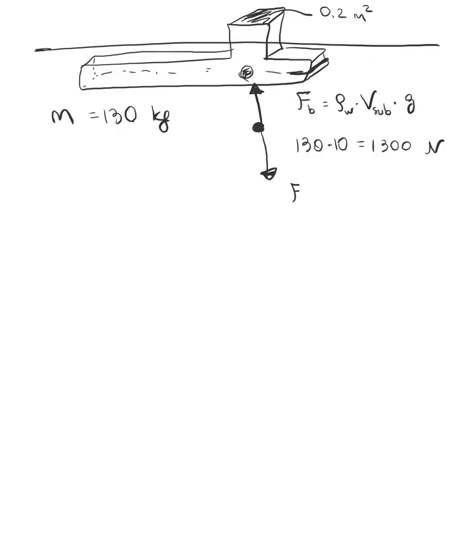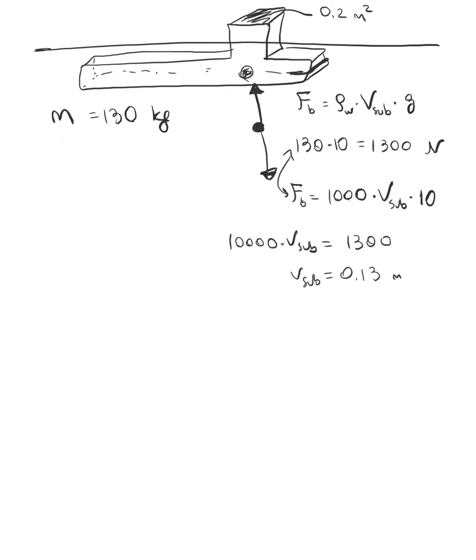So my buoyant force is 1,000 times volume submerged times g. So from here, it looks like I can actually compute my volume submerged. Since these two forces must be equal, my buoyant force must be equal to my gravitational force. So the volume submerged is this divided by 10,000. This is 0.13 cubic meters.